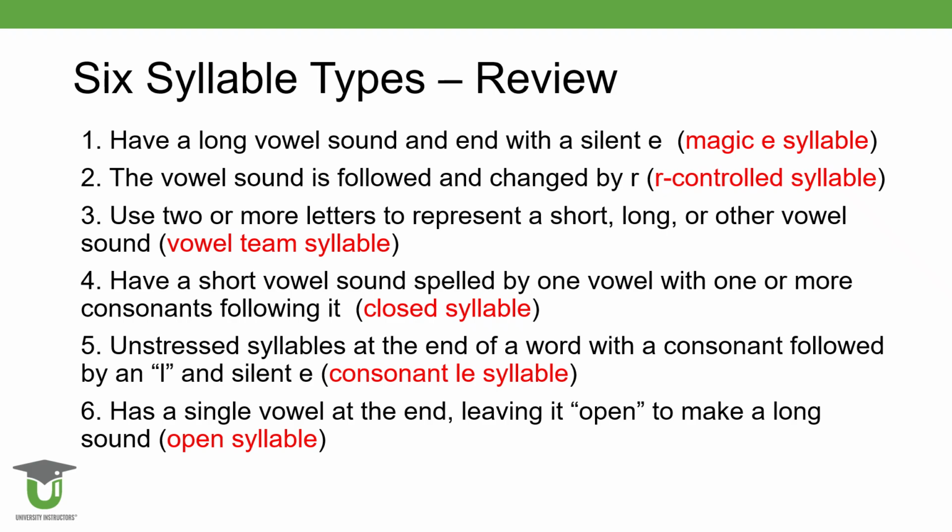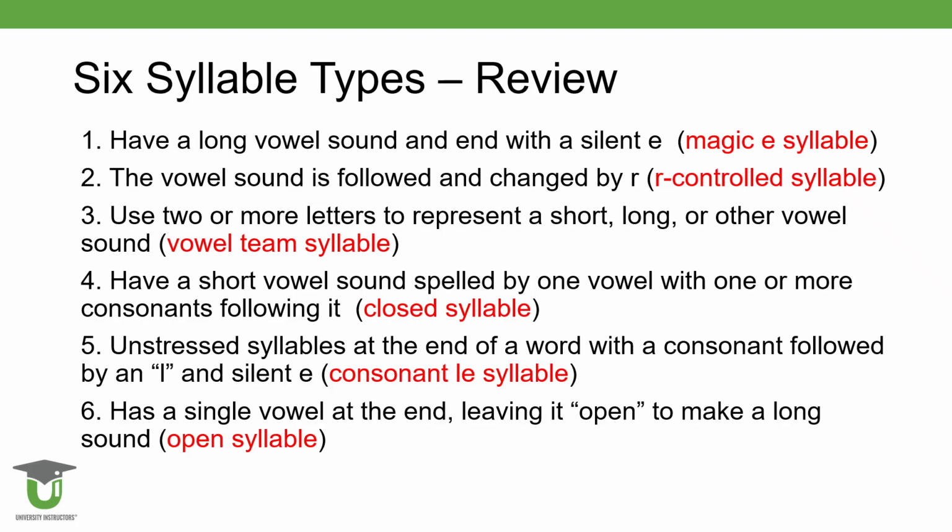Number 1, have a long vowel sound and end with a silent E. Magic E syllable. Number 2, the vowel sound is followed and changed by R. It's R controlled syllable. Number 3, use 2 or more letters to represent a short, long, or other vowel sound. Would be the vowel team syllable.